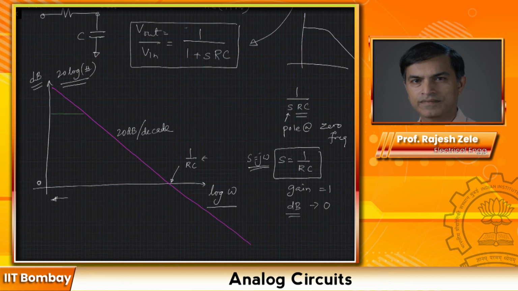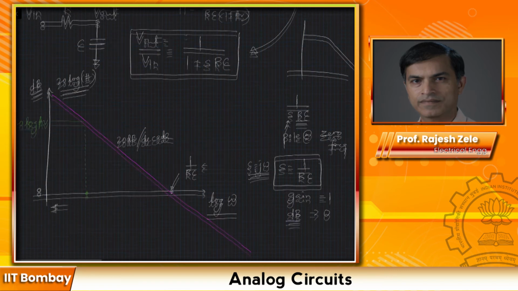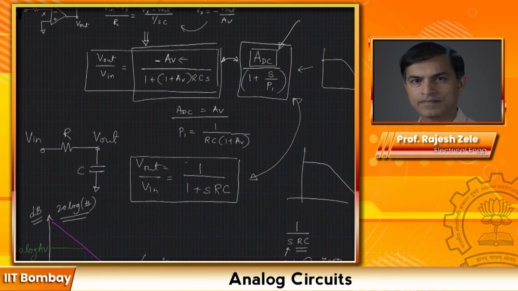The green is going to be our op-amp based integrator with finite gain. So this would be 20 log of AV. And then this particular frequency would become your first pole that you encounter, this pole frequency P1, which is given by this expression.